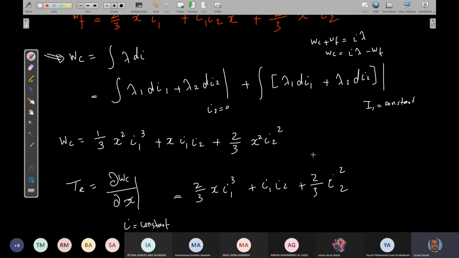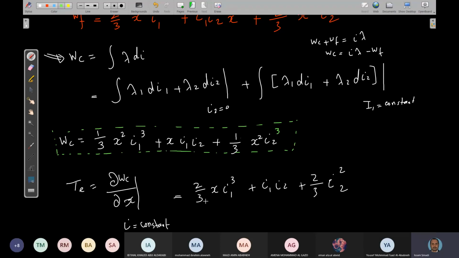Okay, I think here I'm having 2. This is my mistake here, I'm having 1. So 1 over 3 x squared. This is the coenergy: 1 over 3 x squared I1 cubed, and here I think it will be cubed also, plus x I1 I2 plus 1 over 3 x squared I2 cubed.